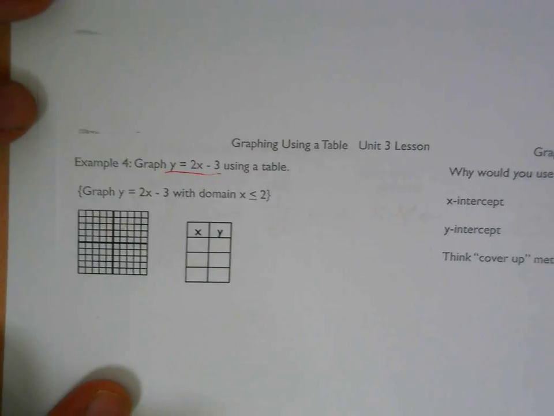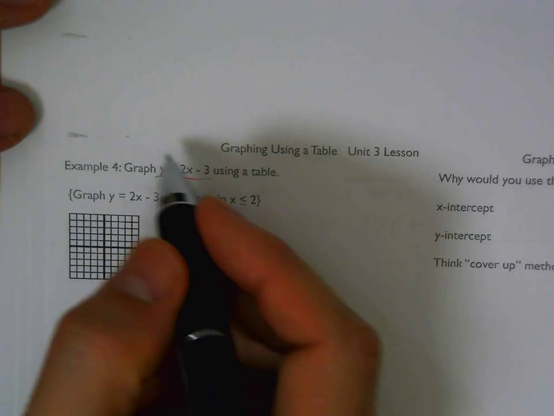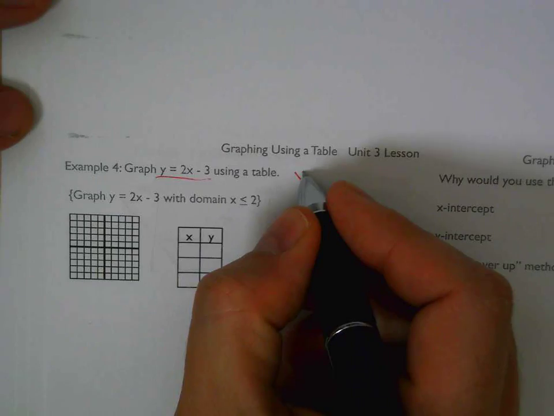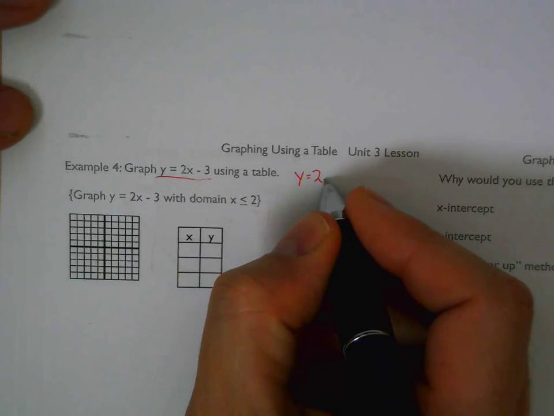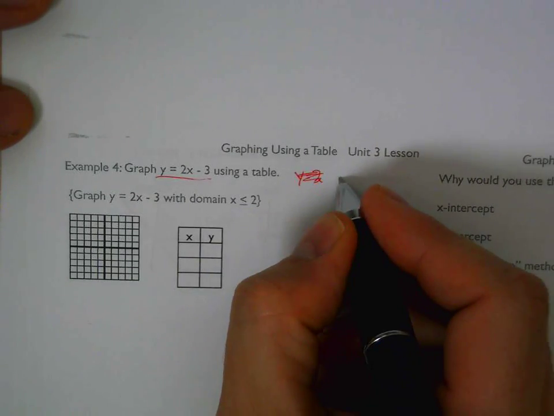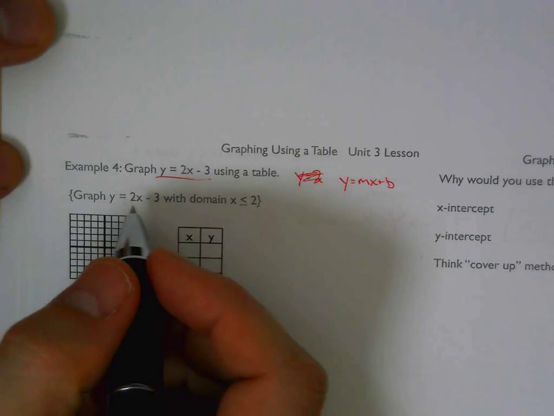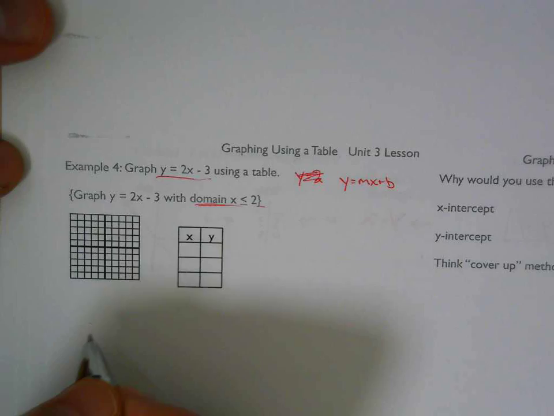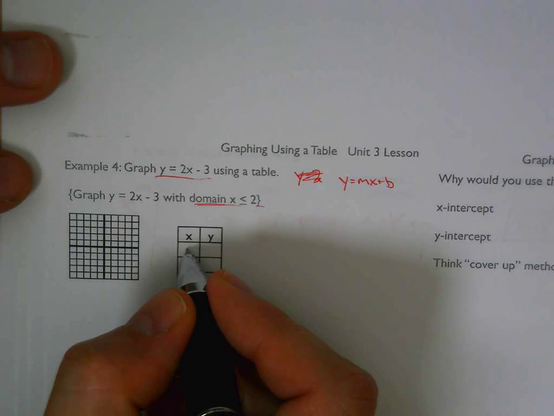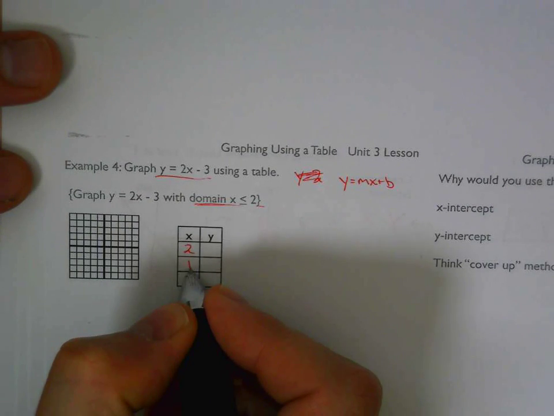All right, now the last one that we'll see today is something called slope-intercept form. Again, we'll talk about this later on in the unit. Generally speaking, it's y equals mx plus b. Here, again, we're going to do this specific domain, x less than or equal to 2.